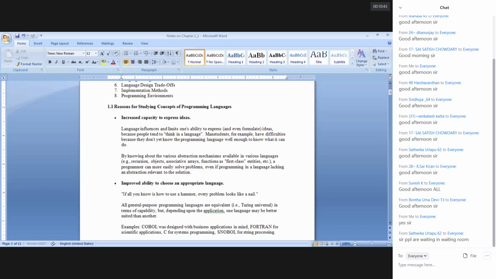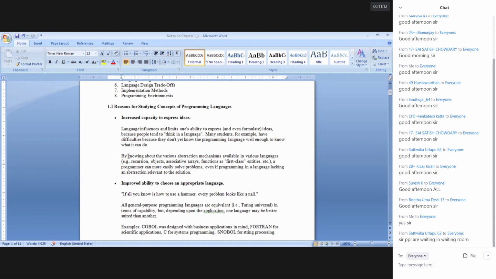Students generally have difficulties because they don't yet know the programming language well enough to know what it can do. Maybe it may not be true in the case of everyone.